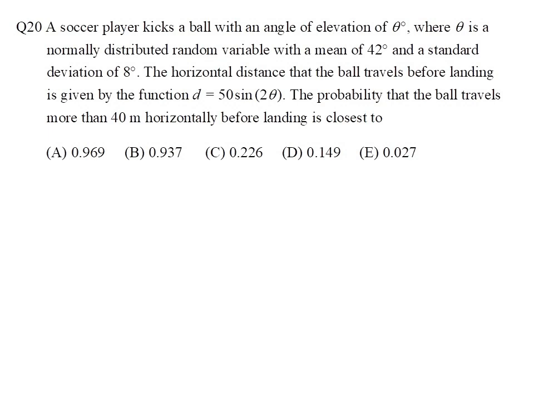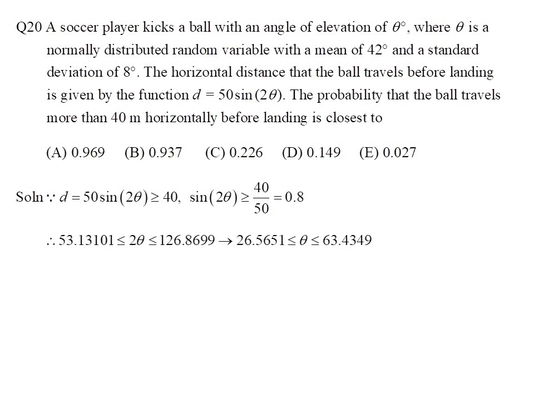The question is to find the probability that the ball travels more than 40 meters horizontally before landing. Since d equals 50 times sine of 2 theta is greater than or equal to 40, sine of 2 theta is greater than or equal to 40 over 50, which equals 0.8.